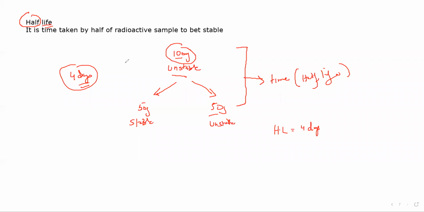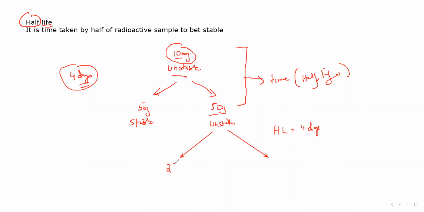Same thing, if I say the half-life of this sample is 4 days, you're left with 50 gram unstable. So this 50 gram unstable will also break down or decay. What is half of 50? That will be 25.